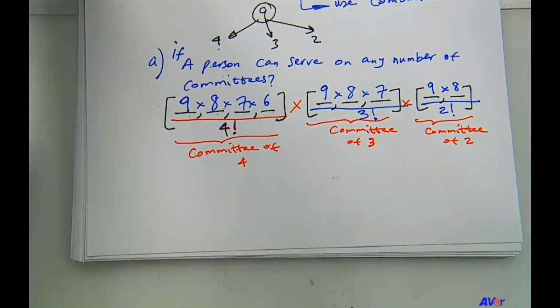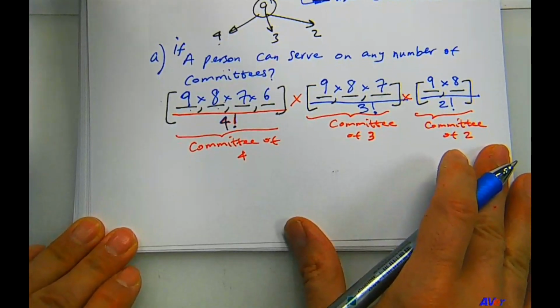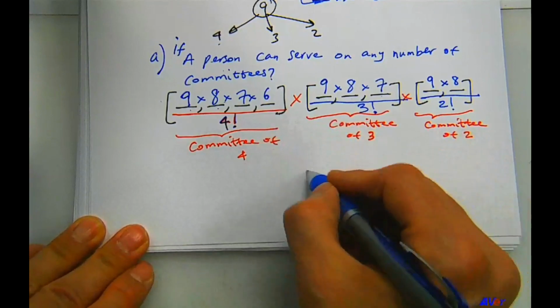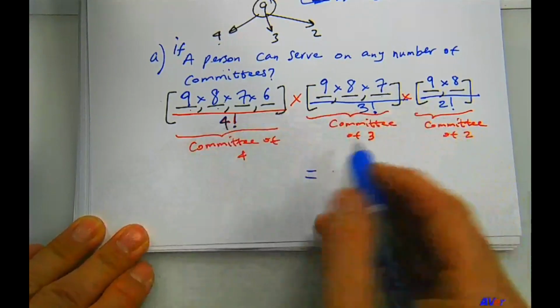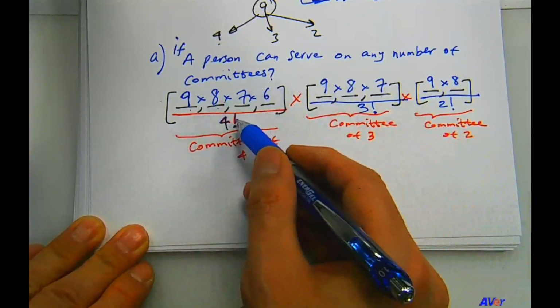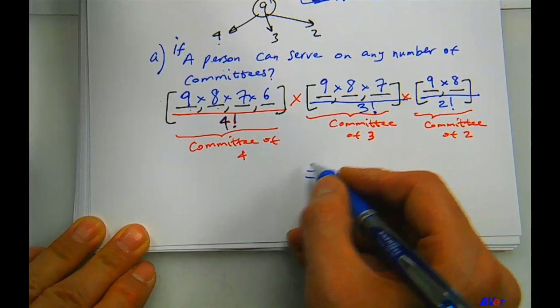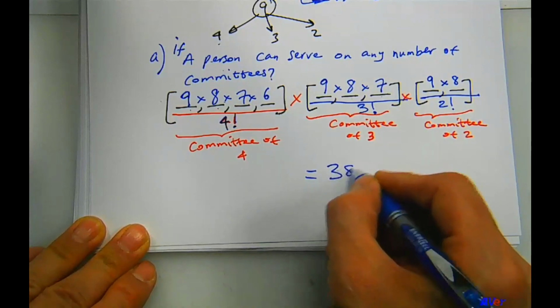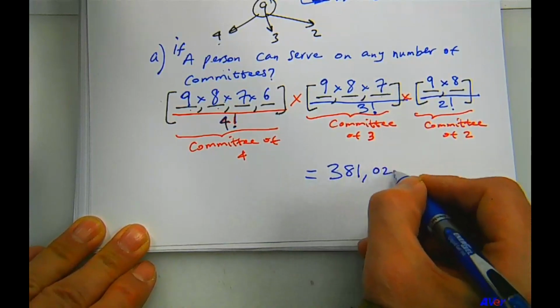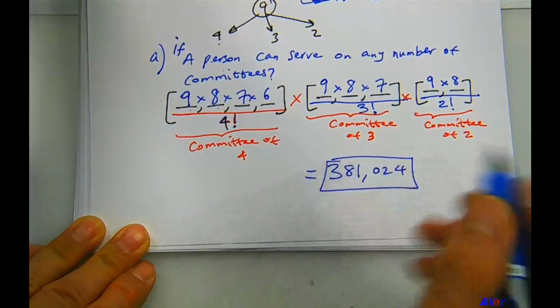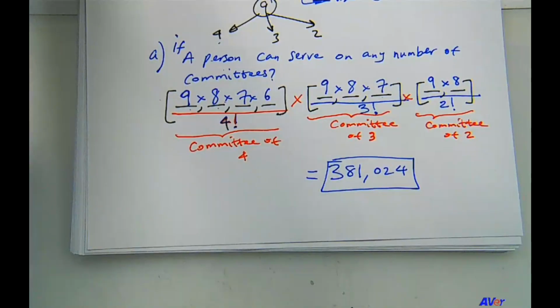Okay, now I have calculated one final number for this. So after you figure out this number, you should obtain 381,024 different possibilities.